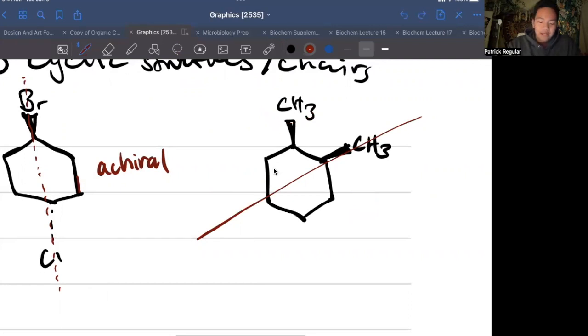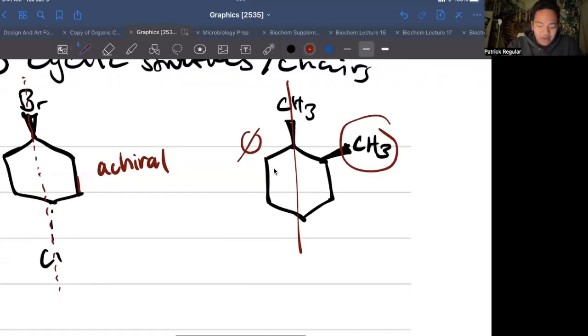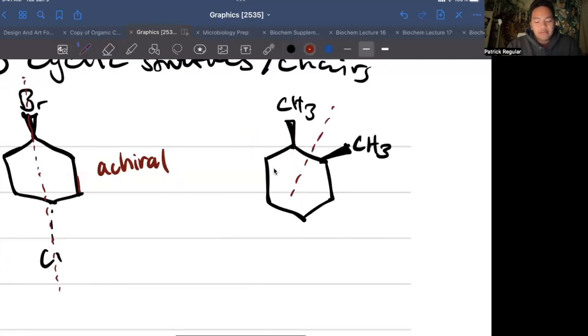Okay, what if we were to draw it down here? Same reason. No. Methyl group, no methyl group. Well, what if we were to do it down here? Ooh. That looks pretty symmetrical to me. So I'm going to say that's achiral.